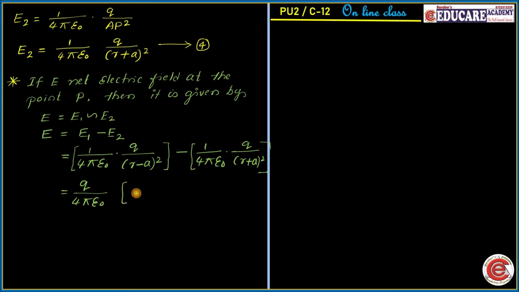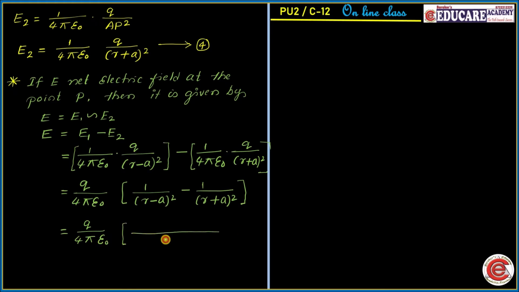If you take the common out, then 1 divided by (R minus A) whole square minus 1 divided by (R plus A) whole square will remain in the bracket. Just take the LCM of the denominators, right? And keep this Q divided by 4 pi epsilon naught as it is.